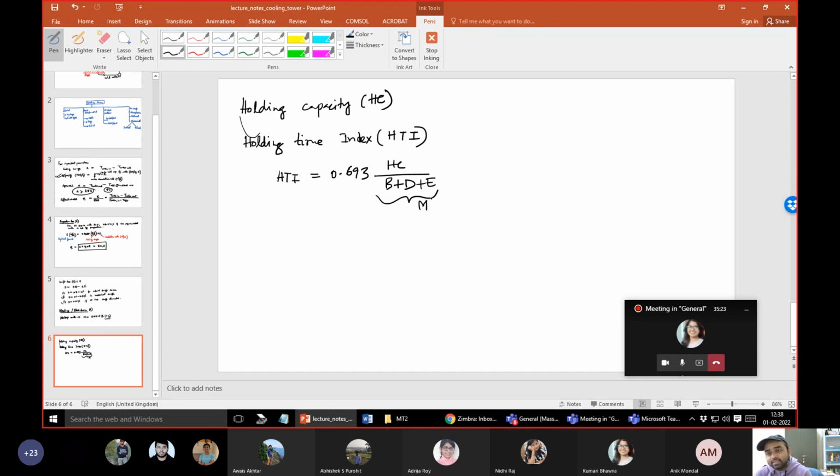Right, so why is this HTI important? Because some very proprietary chemicals are added to this cooling water line to reduce the scaling of these dissolved solids. These chemicals are quite expensive and very secret.